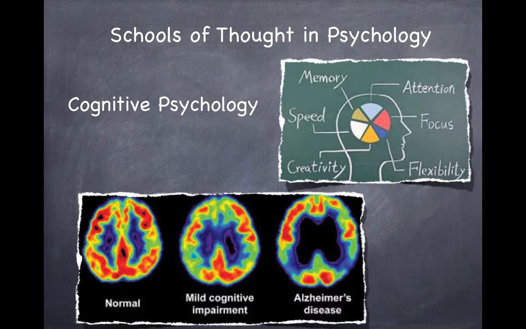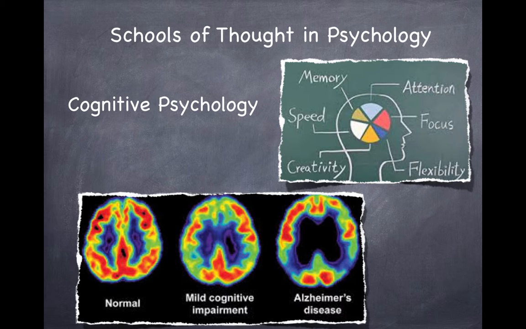What's important here when you think about cognitive psychology is that cognition, or being cognitive, is equivalent to thinking. So it's the process of thinking. Memory, problem solving, decision making, perception, language, and many other forms of cognition are all a part of this study of cognitive psychology.